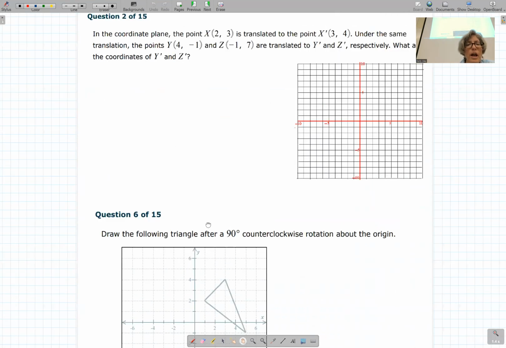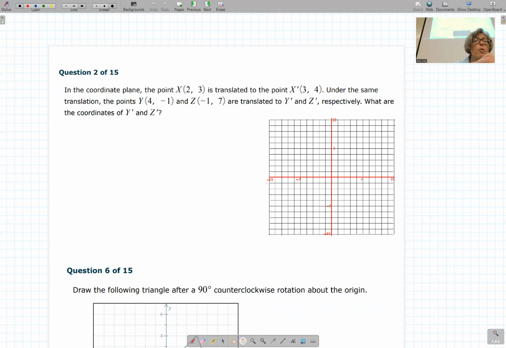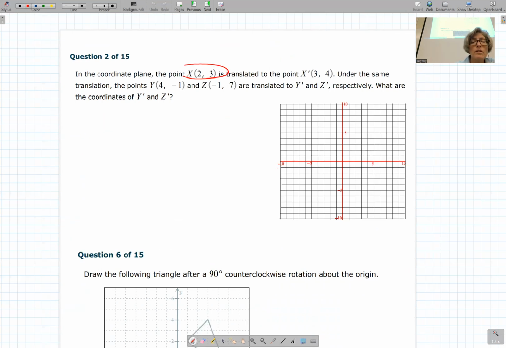Here we are. We have on a coordinate plane point X, and X is at 2, 3. And you have point Y at 4, -1.